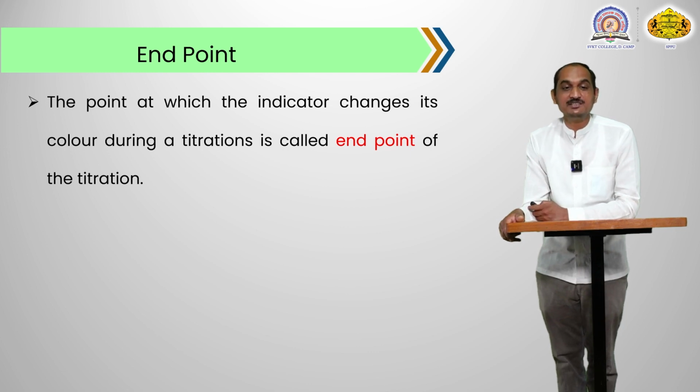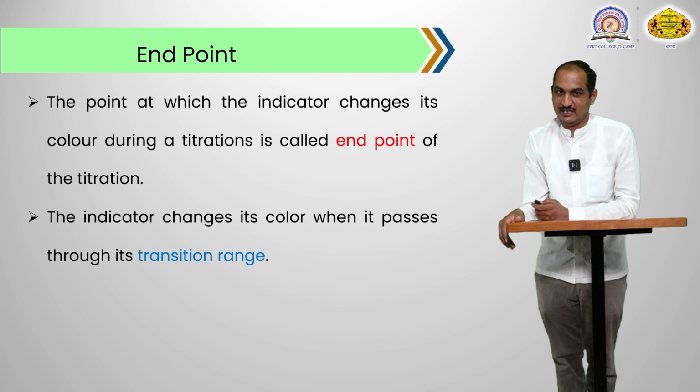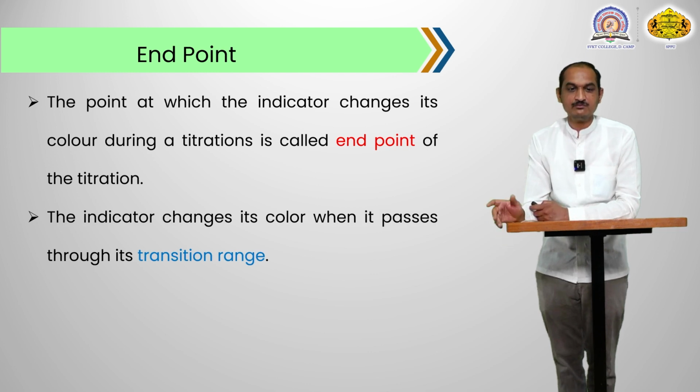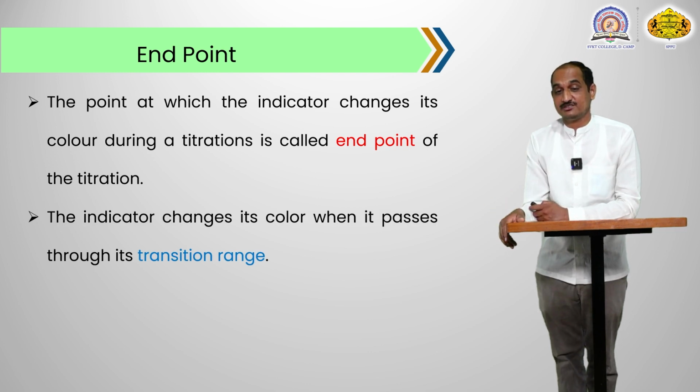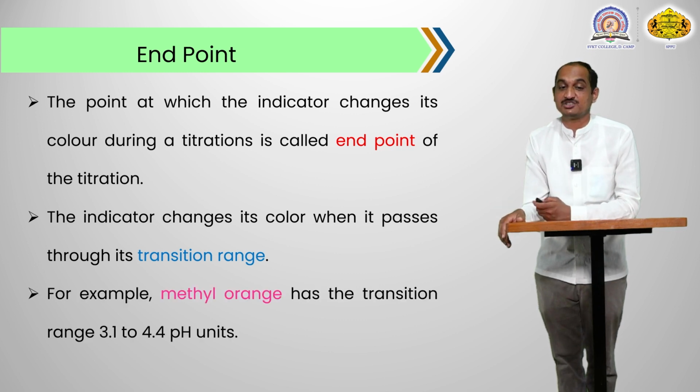What is endpoint? The point at which the indicator changes its color during a titration is called the endpoint of the titration. The indicator changes its color when it passes through its transition range. We already discussed the transition range.